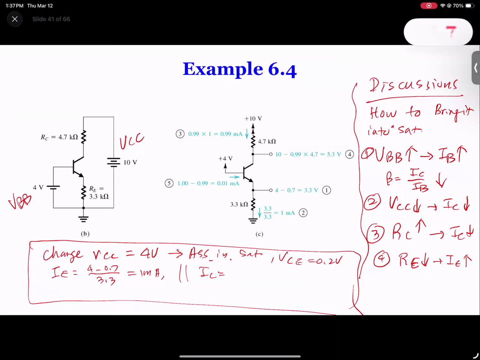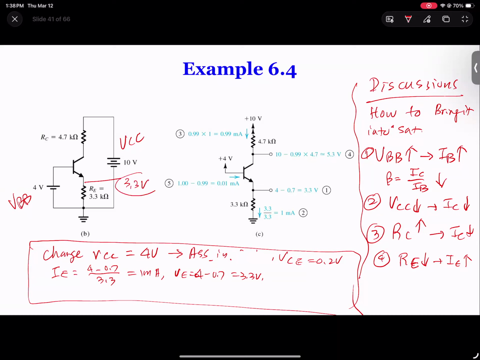VE is 4 minus 0.7, which is 3.3 volts. So VE is 3.3. That's given. And here is VCE.